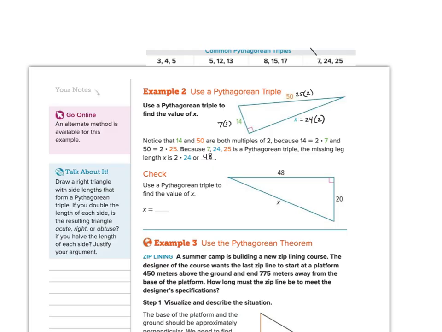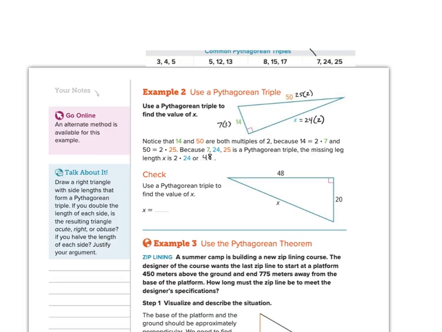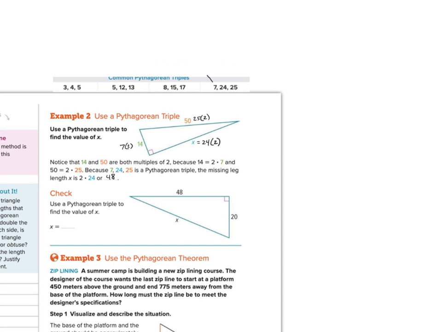Okay, so if we didn't know how to do that, if we couldn't recognize that, what we could do is say, okay, this would be a, this would be b, this would be c for the Pythagorean theorem. I know that a squared plus b squared is equal to c squared, so you get 14 squared plus x squared is equal to 50 squared.